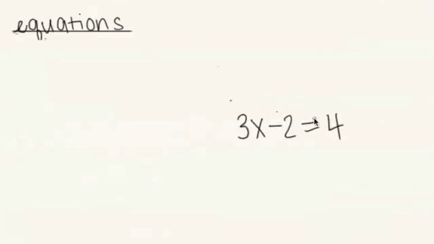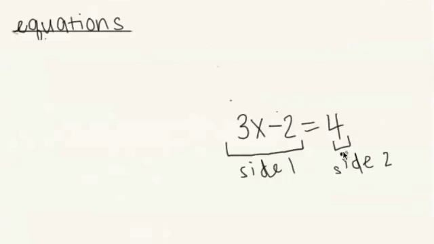Some things to note about an equation: there's always going to be that equal sign, like we mentioned, and that equal sign acts as the separation point. Whenever we have an equation, there are two sides to it. One side is whatever's on the left side of the equation, and the other side is whatever's on the right side.